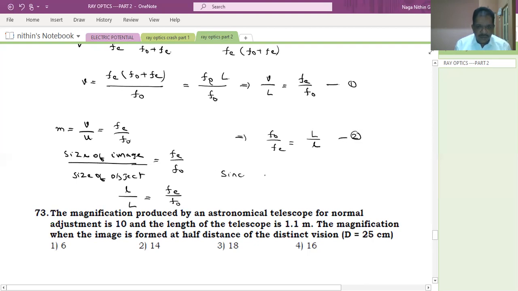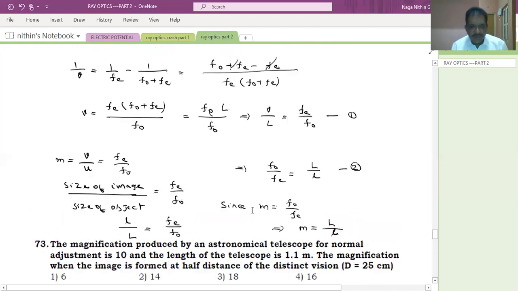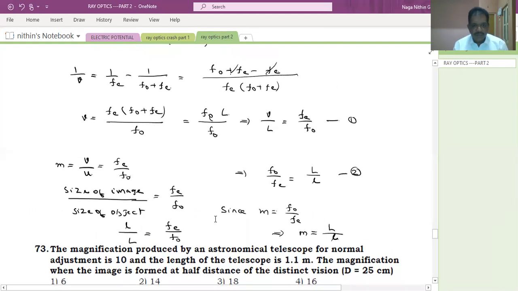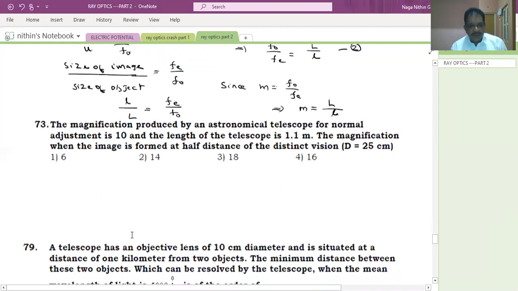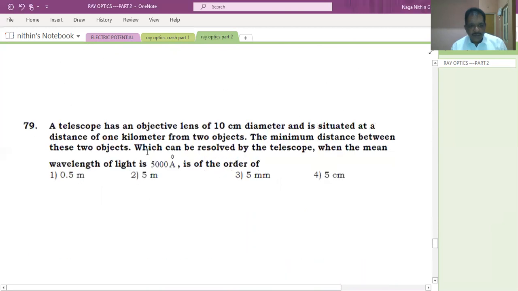Since M is equal to FO by FE, that implies M is equal to capital L by small l. Okay. So this is the answer for it. First option. Next, see the next question, what they are asking me.